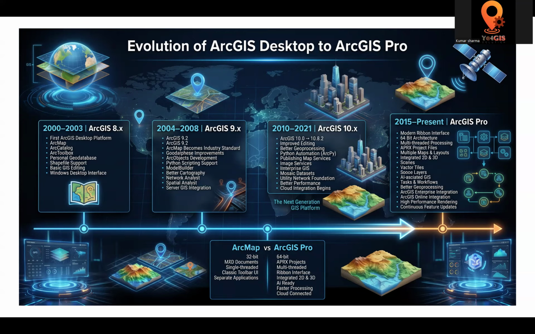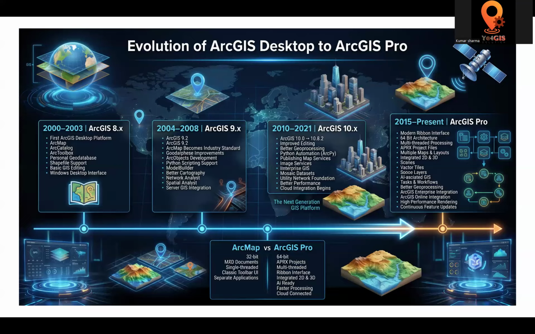So in the same way, whatever the application we have used previously, like ArcGIS desktop, that was also not 100% perfect. So ESRI have basically over the time modified many things, and currently the version of ArcGIS that we are using is ArcGIS Pro.